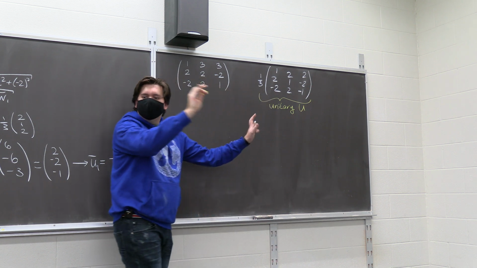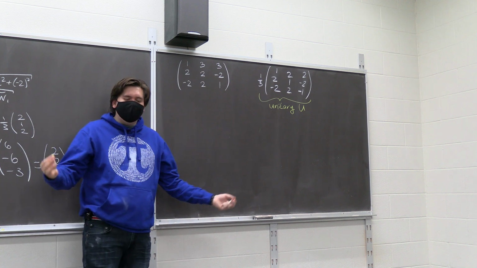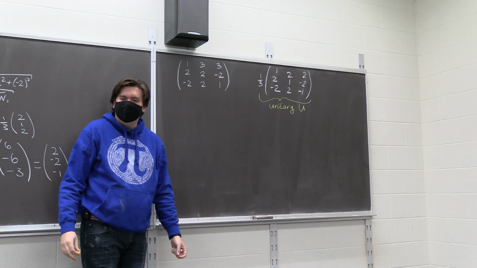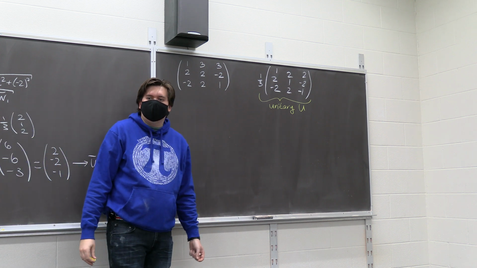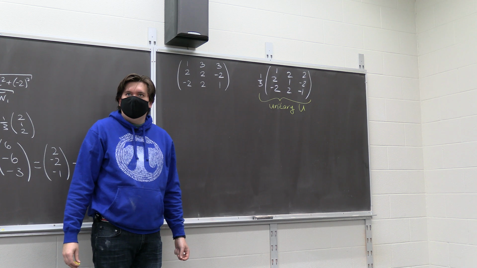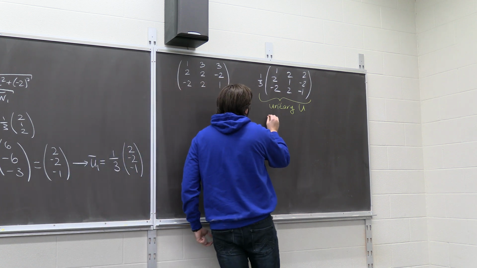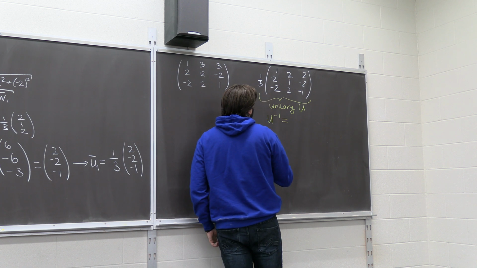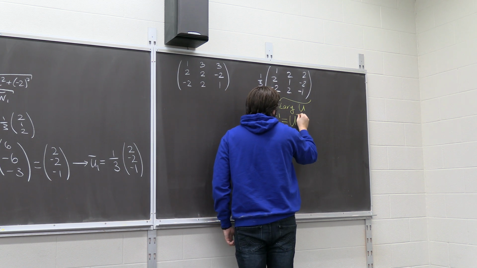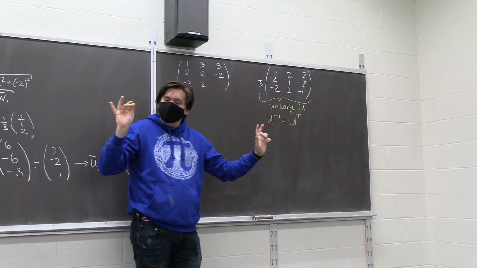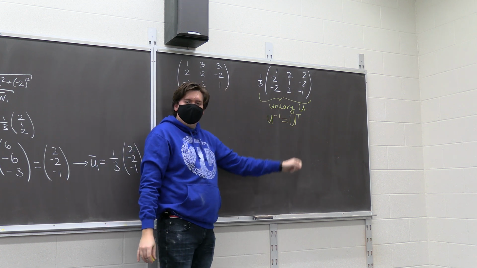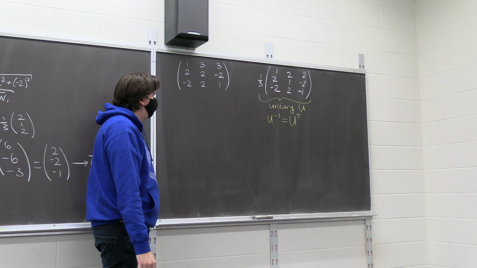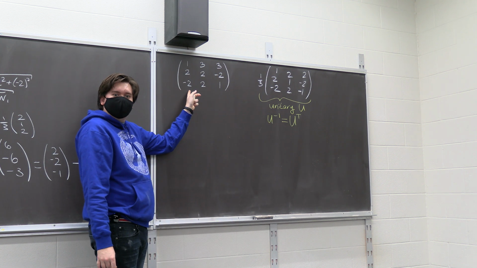And why is U so nice? Because unitary matrices have lots of nice properties. So remind me some of the properties of unitary matrices. Yeah, if I want to calculate the inverse of a unitary matrix, it's just equal to, in this case, its transpose. If working over the complex numbers, you need the conjugate transpose, right? But here over the real numbers, it's just the transpose. So try and find the inverse of the other matrix.